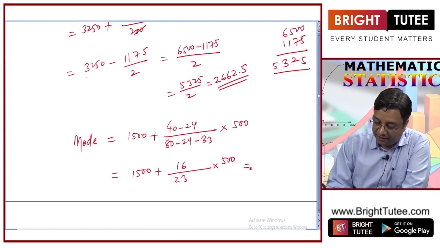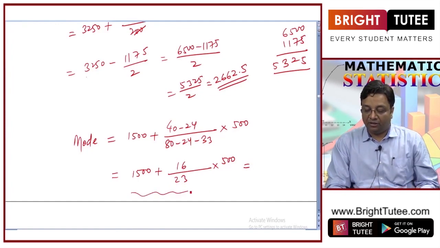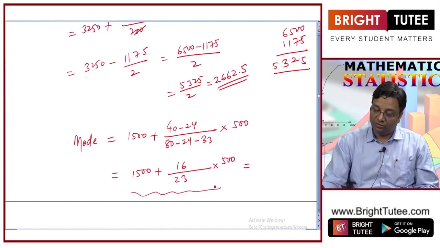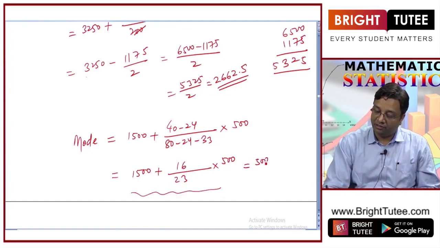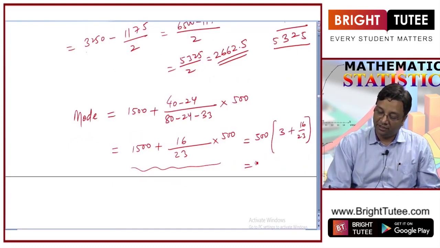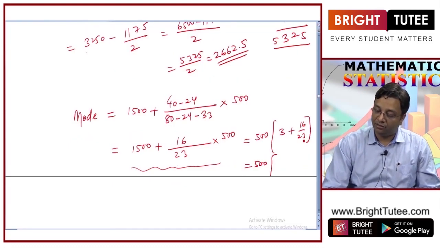Now this is the calculation part, right? So you may like to do it yourself, otherwise what you do is take 500 as common and write it as 3 plus 16 by 23, right? I am giving you an idea how to calculate.